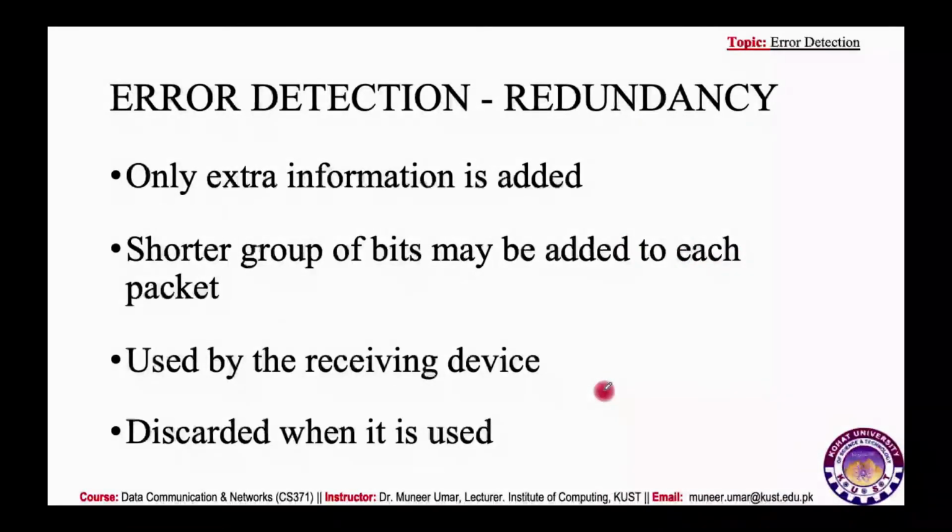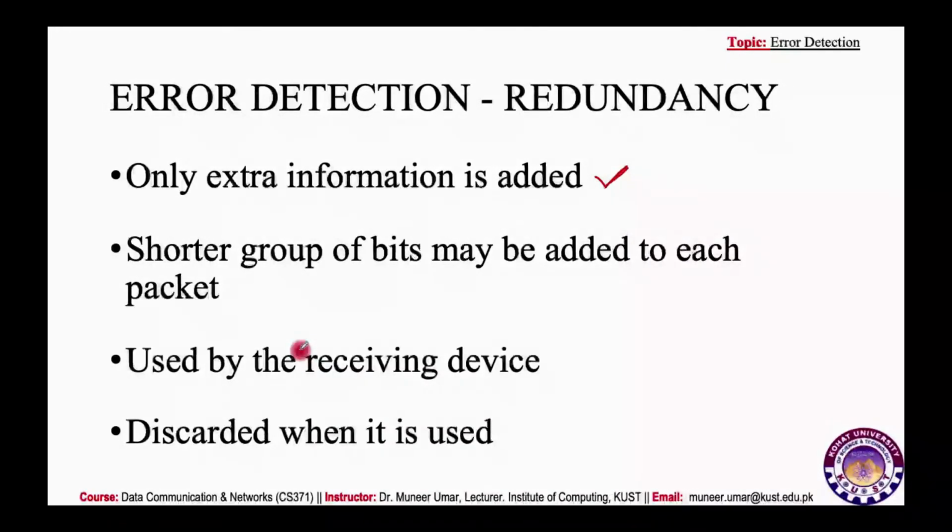So for redundancy, only extra information is added, and this information is less than the actual data. A shorter group of bits may be added to each packet, and these additional bits are received by the receiving device.